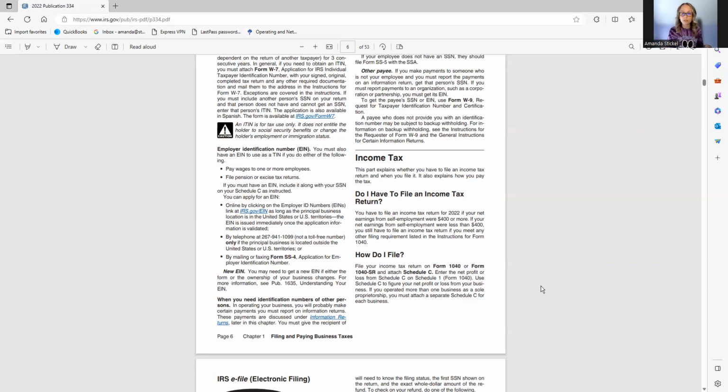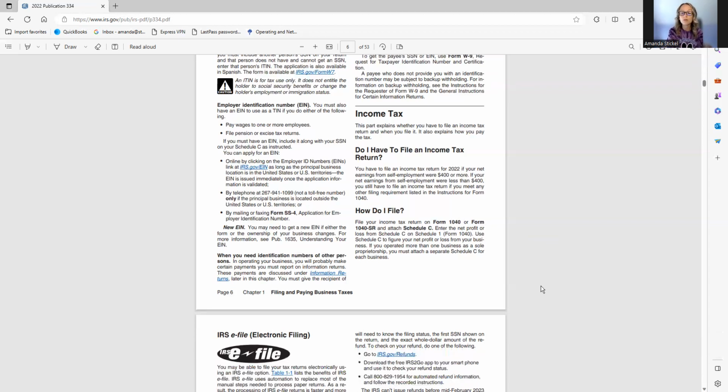So if you only have business income and it's less than $400 and you don't have any other sources of income or any other situation, then you do not have an income tax filing requirement.